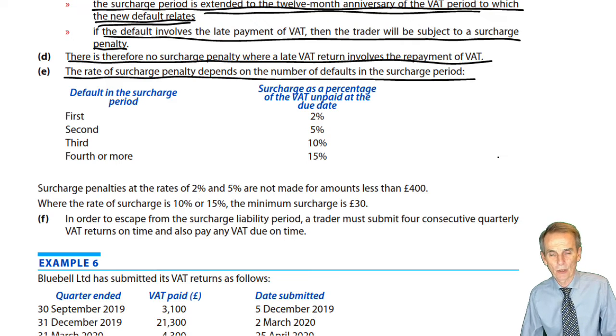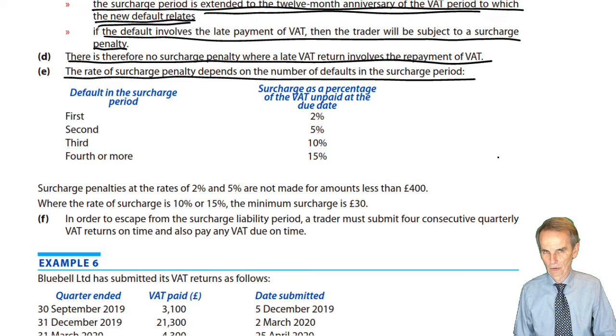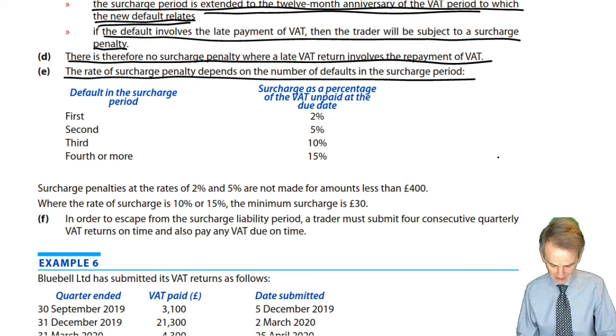You get punished more and more the more frequently you break the rules. If you are a repeat offender, they don't keep hitting you with the same penalty. The penalty gets bigger, a sort of encouragement not to do it again. Get your act together, make sure those VAT returns are submitted on time, and specifically that you pay the VAT on time.